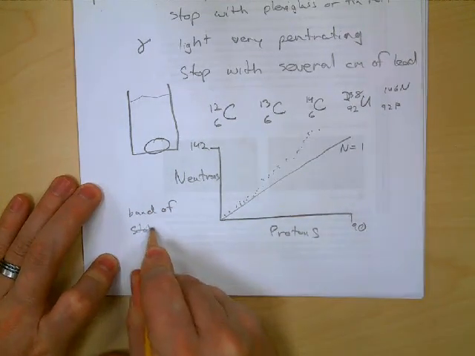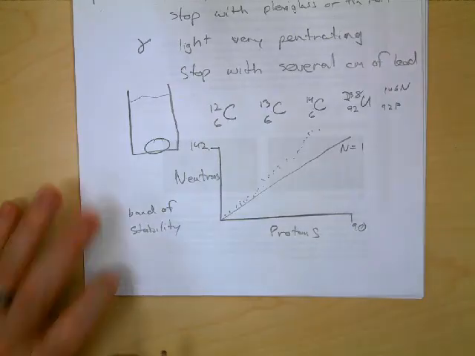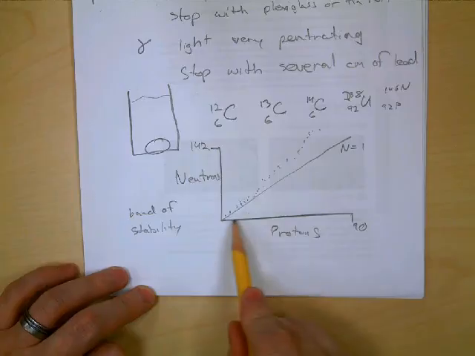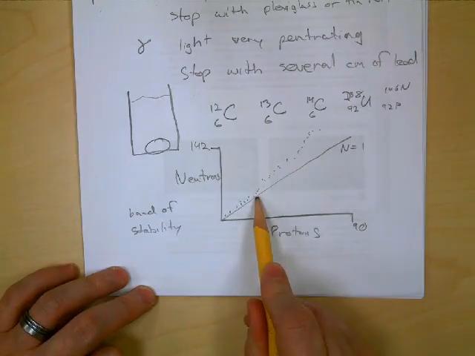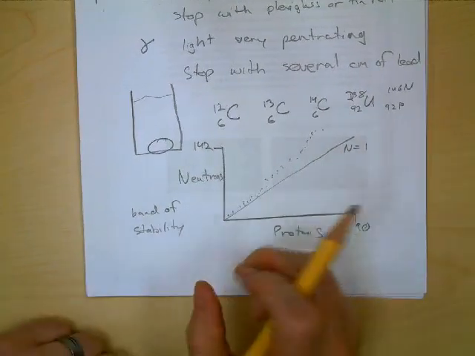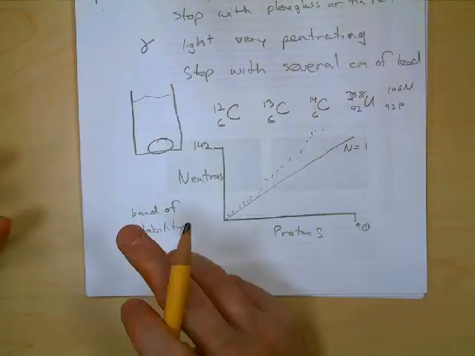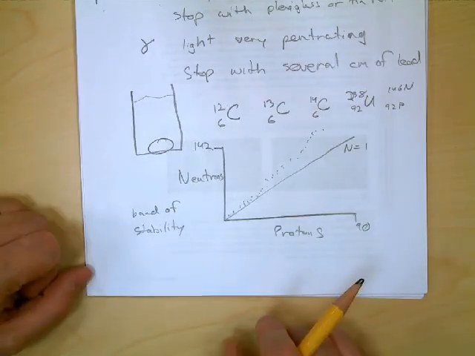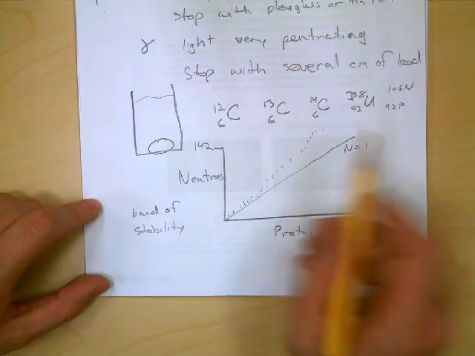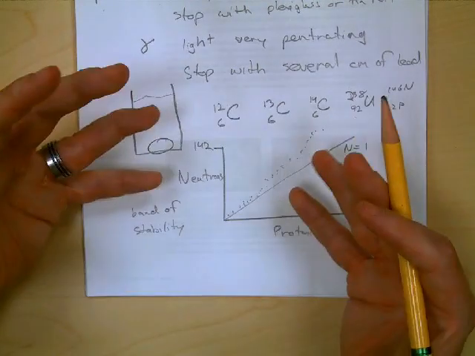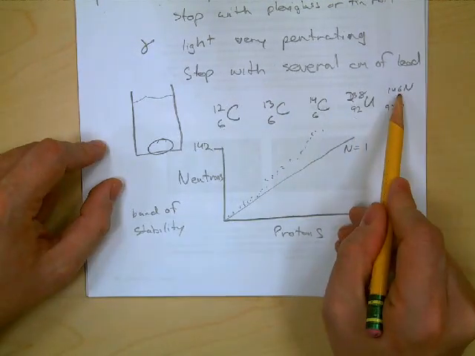The idea is that at low ratios, at small atoms, it's much more stable to have about as many protons as neutrons. Sometimes we refer to neutrons as the nuclear glue. It's what holds those positive protons together. The more protons you try to cram into that nucleus, the more positive charges that are repelling each other, the more neutrons you need, nuclear glue, to keep those protons from pushing each other apart.